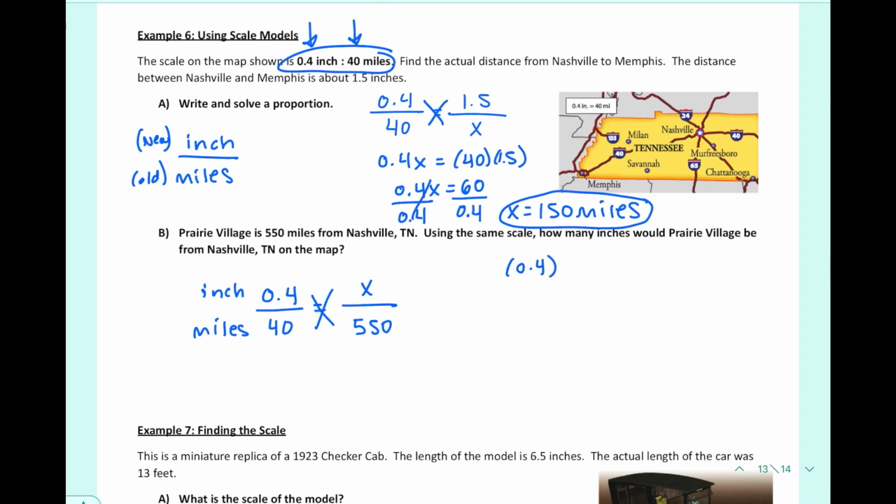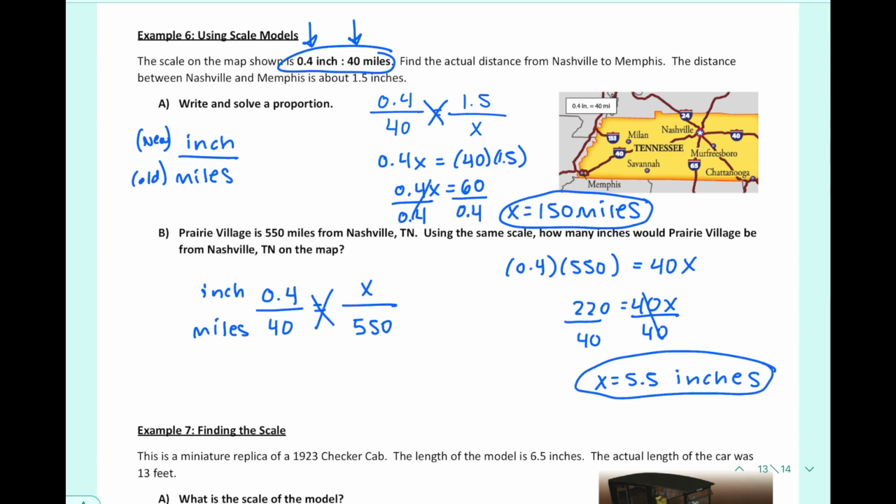So in this case, I would have 0.4 times 550 equals 40x. 0.4 times 550 is 220 equals 40x, and then I can divide both sides by 40. So x equals 5.5 inches. Again, if you remember, 0.1 inch is 10 miles, so 5.5 inches is 550.